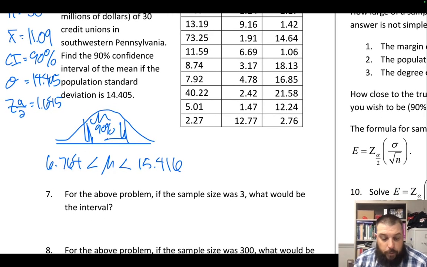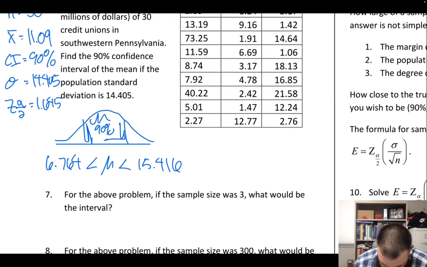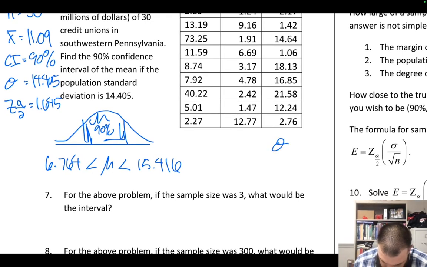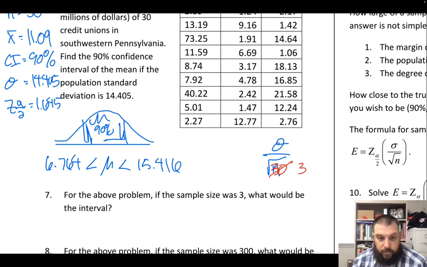Now 7, it says for the above problem if the sample size was 3, so we went from 30 to 3, what would be our new interval? So remember in the formula you have standard deviation over the square root of n. So instead of that being 30 like in the original, it is now 3.